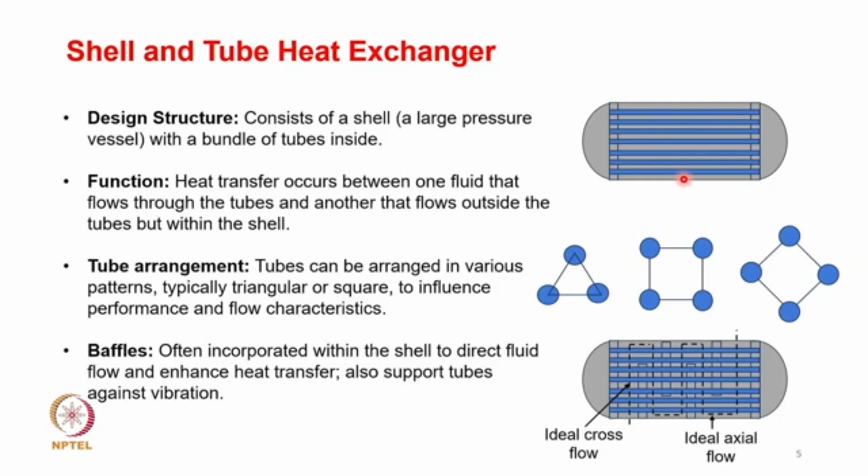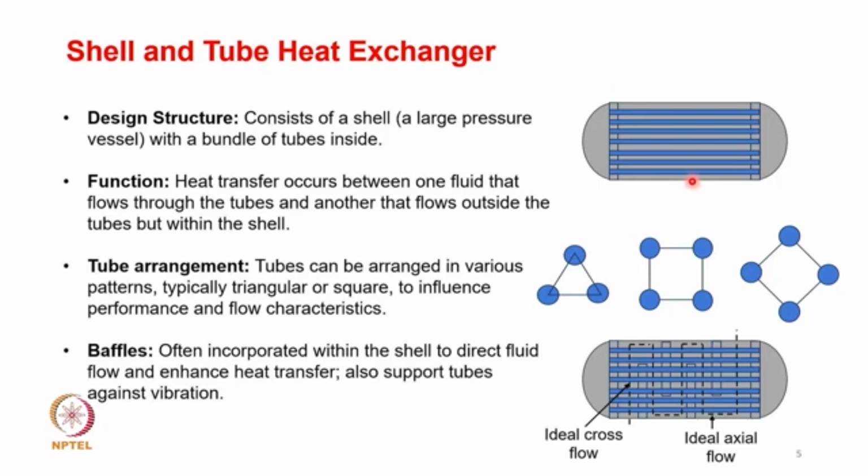You tend to pass the hot fluid or cold fluid in one of these, either the tubes or the shell, through which the heat transfer takes place. This shell is a large pressure vessel in which you have kept a lot of tubes, or rather tube bundles, inside. So this is how it looks, and how heat transfer happens.